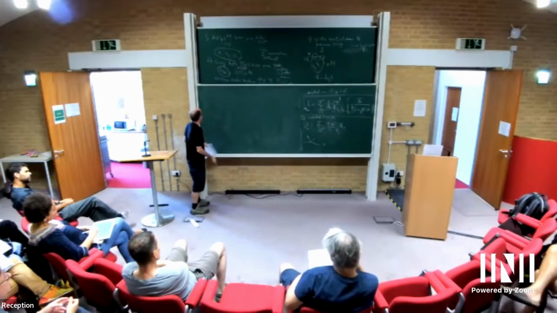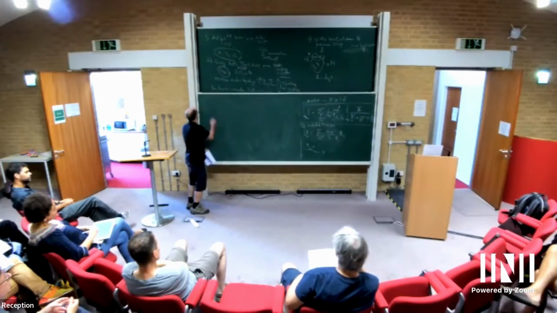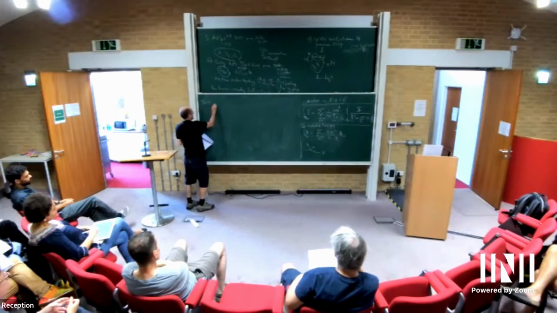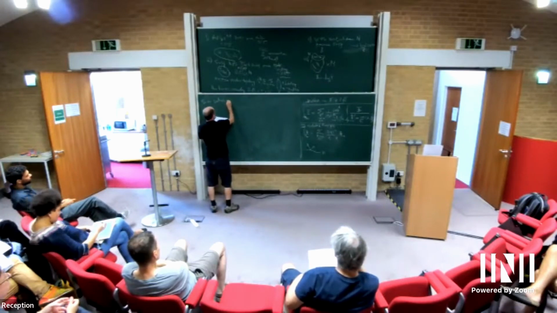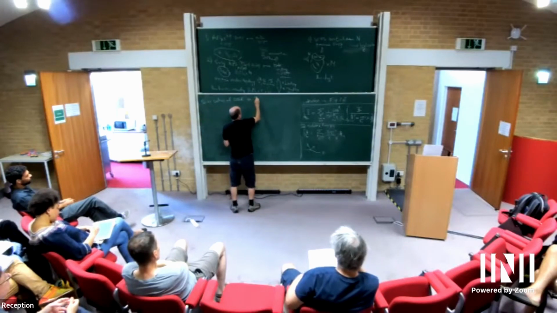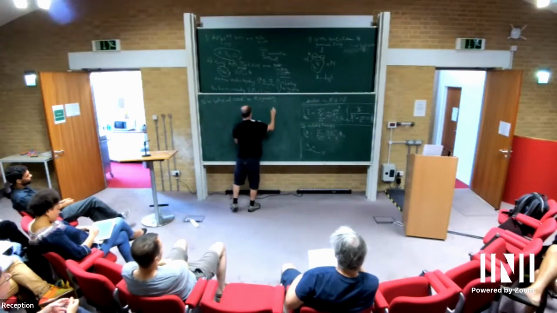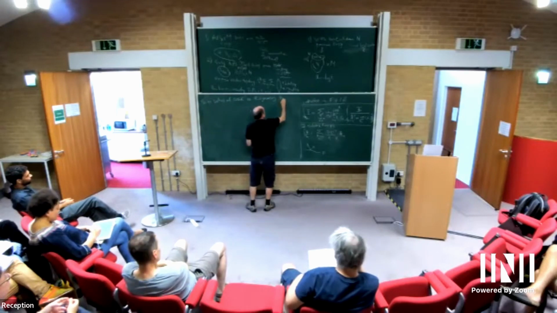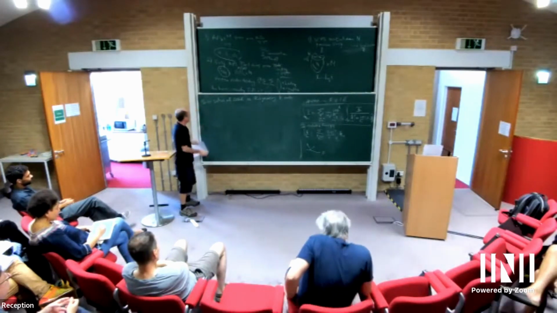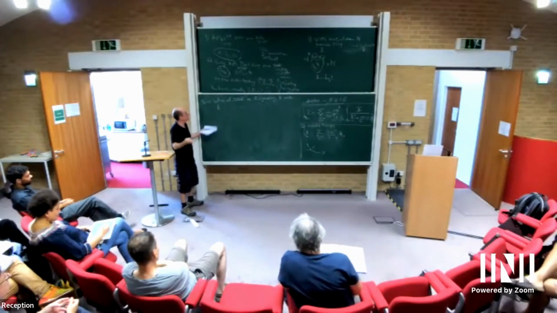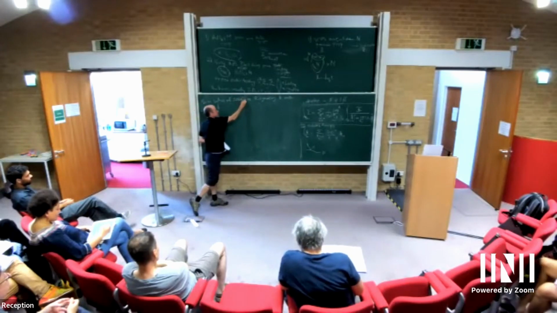Good. So how are we going to try and use this? We're going to consider now supersymmetric solutions of supergravity that have an R-symmetry. And this is actually the generic situation. So what do we mean by supersymmetric solutions of supergravity?